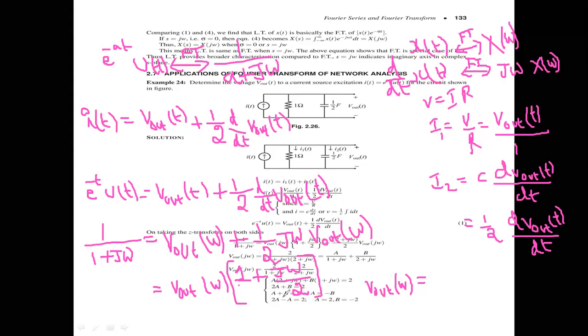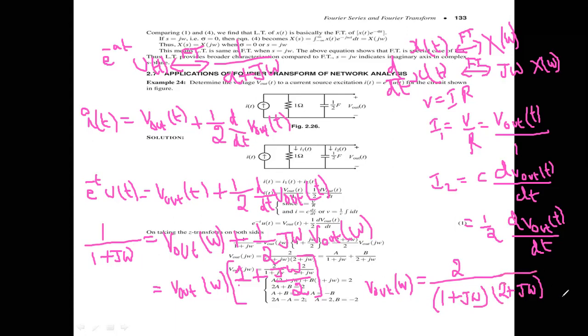Take the LCM, 2 plus j omega, and 2 will be in the numerator: 2 by 1 plus j omega and 2 plus j omega. Follow me, my dear students.